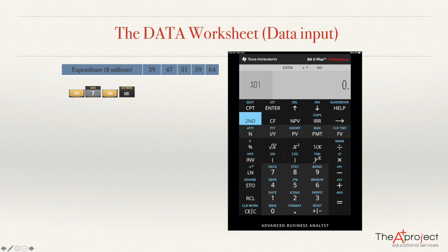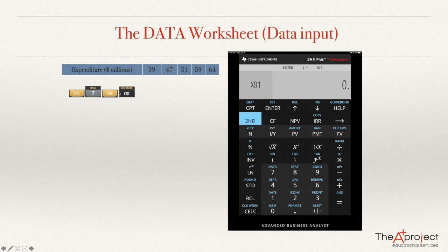If you do that, it will appear X01. So the calculator is asking you what is the first value of the variable X. So remember, second 7, second clear work. When you press second 7, you are in the data set worksheet.